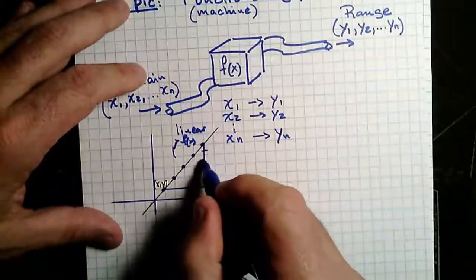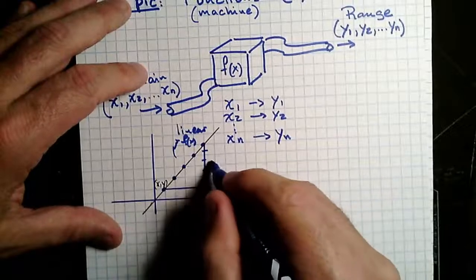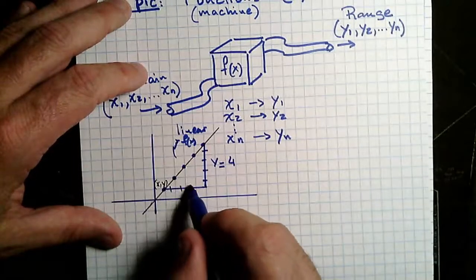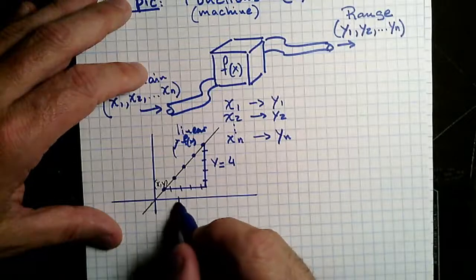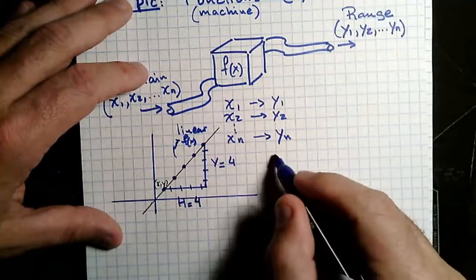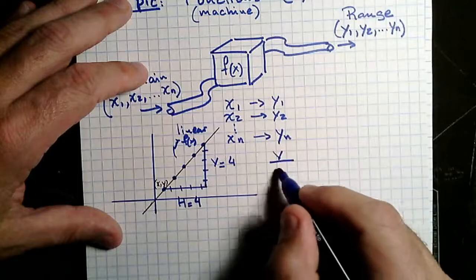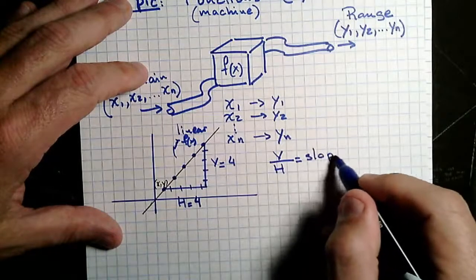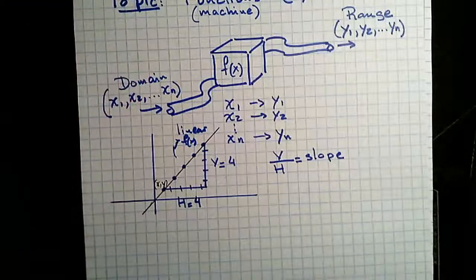So I have 1, 2, 3, and 4. So the vertical here is 4, and 1, 2, 3, and 4, so the horizontal here is also 4. The relationship between vertical and horizontal, we call the slope, something that we are going to use.